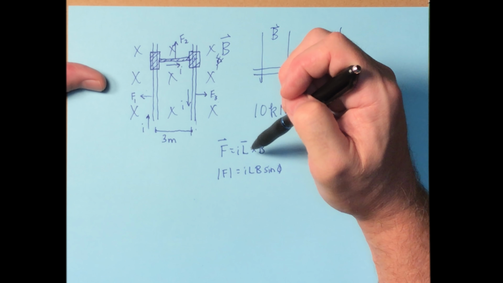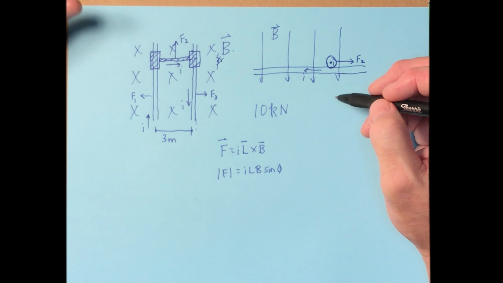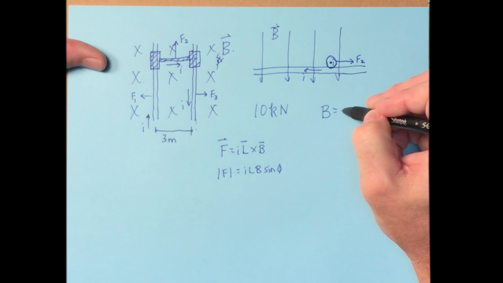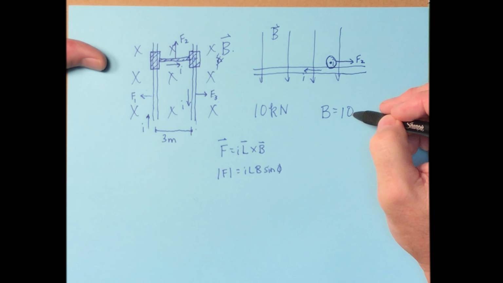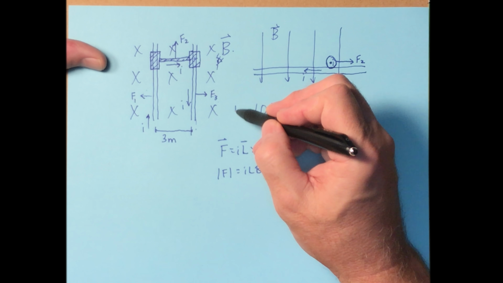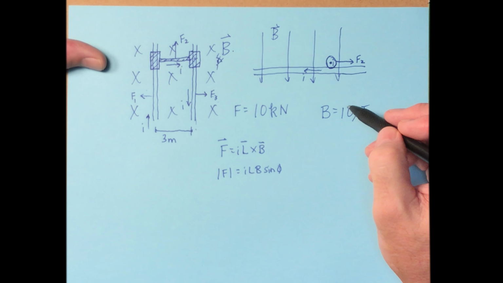Our current's going to be I. B, well, we need a realistic value for B. Let's just pick something. Let's say B equals a nice round 10 microtesla. I'm just making up numbers here. So we know that our force needs to be this. We know that B is that.